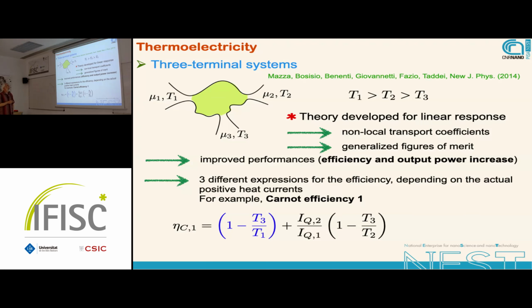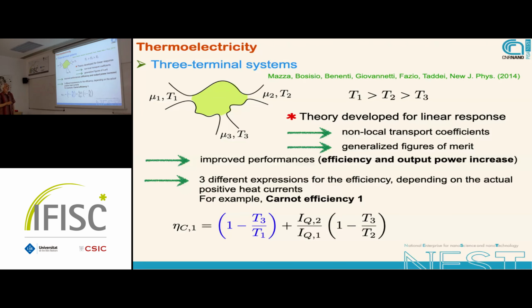And we basically define some non-local transport coefficients. Because you can apply a voltage between 2 and 1 and look for the current flowing into the third, you have all kinds of non-local effects going on.